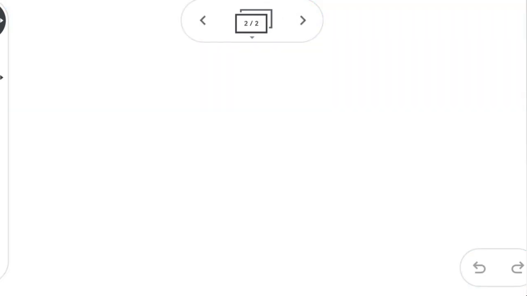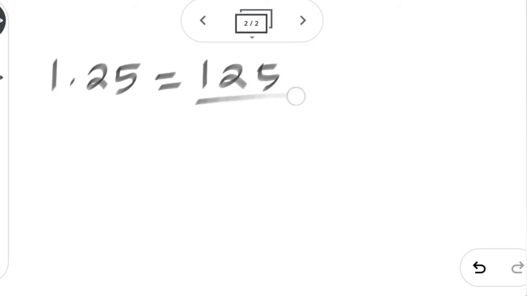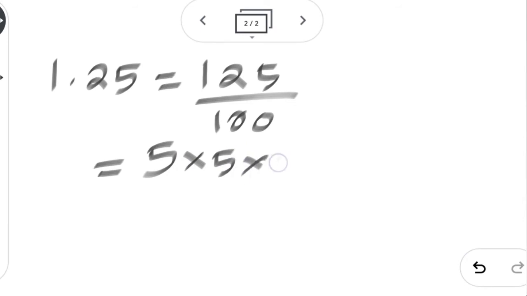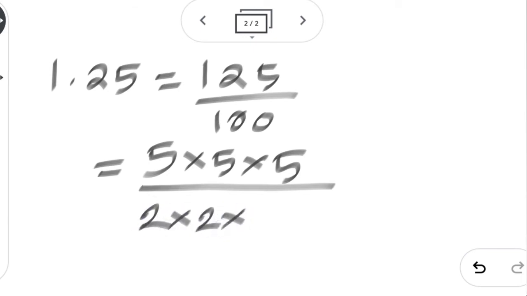Now consider another number with terminating decimal, 1.25. 1.25 we can write as 125 by 100. Now factorize 125 and 100. 125 we can write as 5 into 5 into 5. 100 we can write as 10 into 10, that is 2 into 2 into 5 into 5.